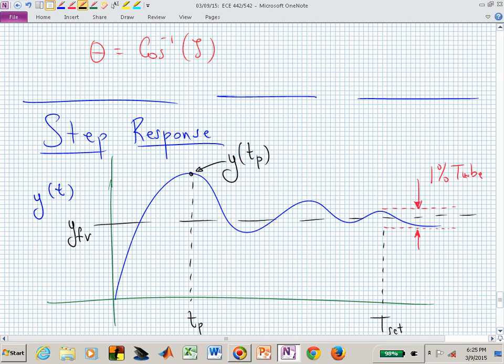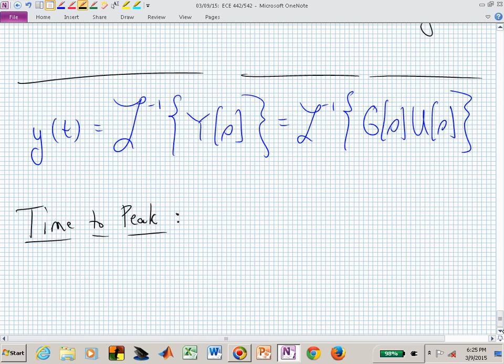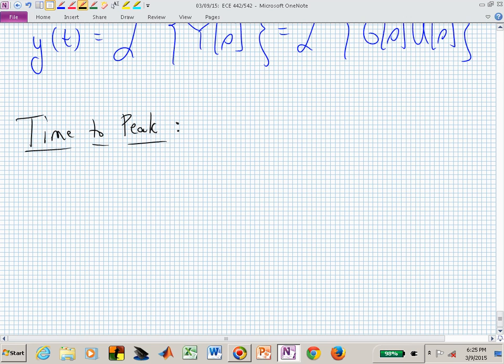We have a lot of maximums or relative maximums in this step response. We want the first one. That's our time to peak. This is now saying we want d by dt, and we want to set that equal to 0. And the first time that occurs, that will be our time to peak.